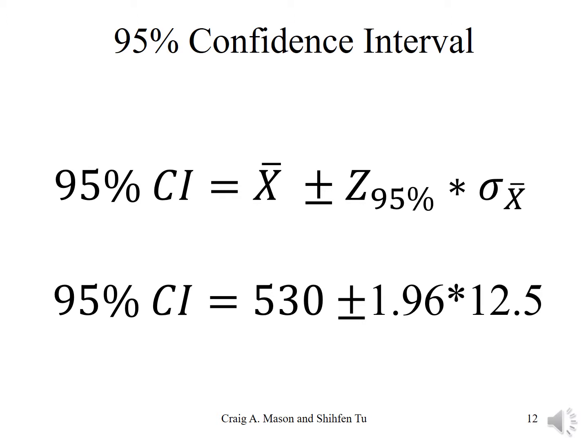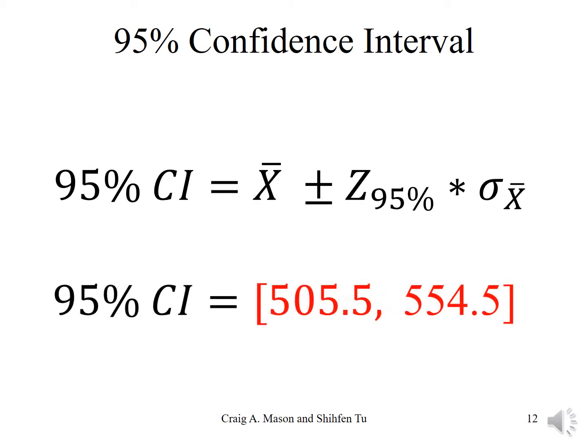We do a little quick math and see that 1.96 times 12.5 is equal to 24.5. We then calculate the lower limit of the confidence interval by subtracting 24.5 from 530, and we calculate the upper limit of the confidence interval by adding 24.5 to 530.